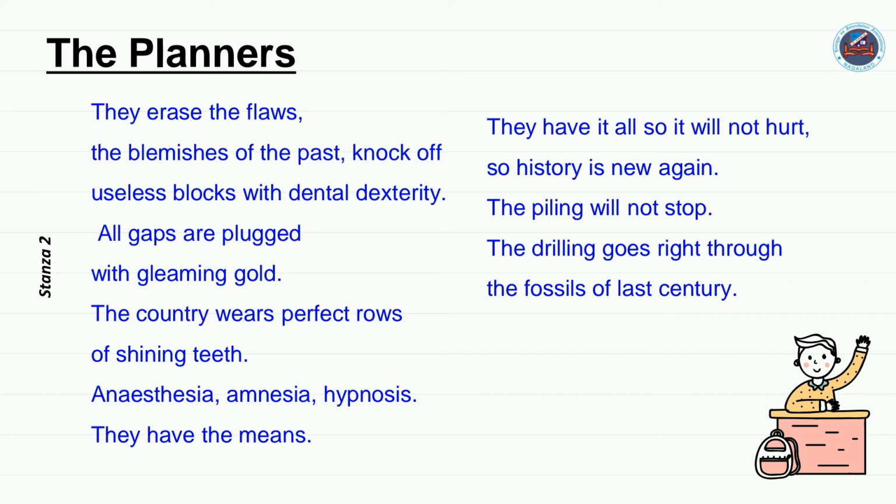The gold may also represent money, so this shows that everything is being transformed into something luxurious. The perfect rows of shining teeth represent the modern buildings which have replaced the old and more historic buildings.